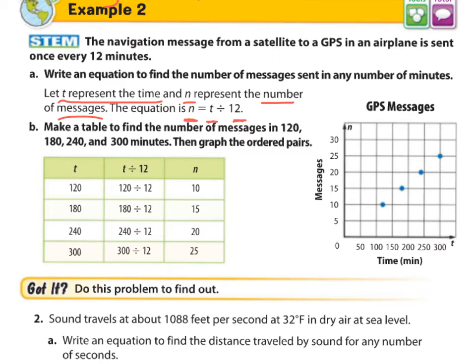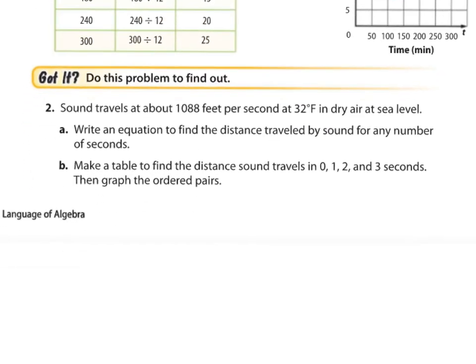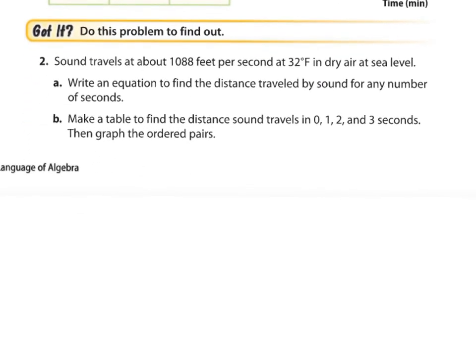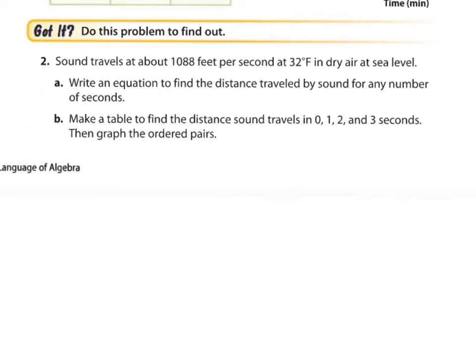Okay, let's try that now. And this is our last example for this lesson. Okay. Number 2. Sound travels at about 1,088 feet per second at 32 degrees Fahrenheit in dry air at sea level. Very specific, lots of variables: temperature, moisture, altitude.